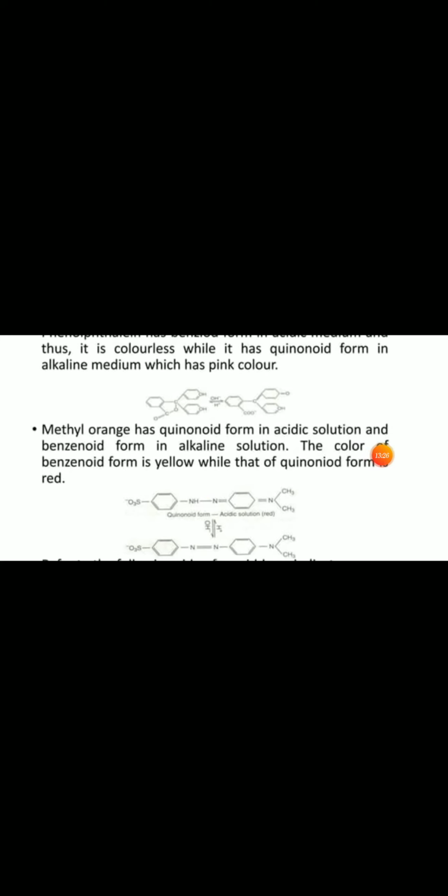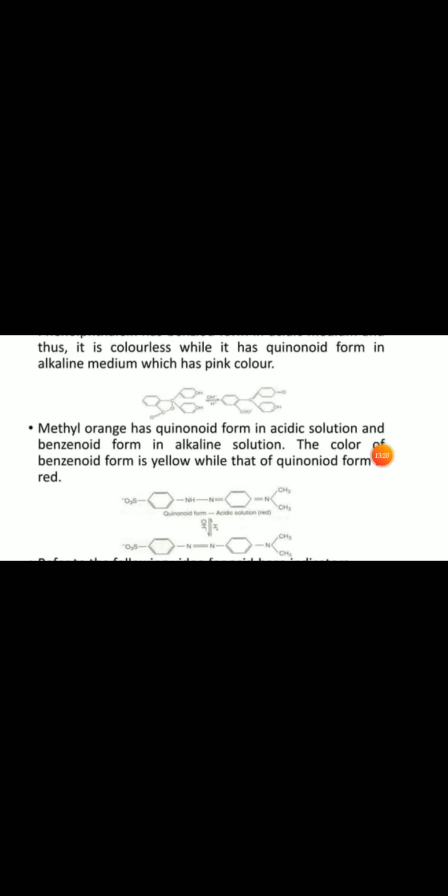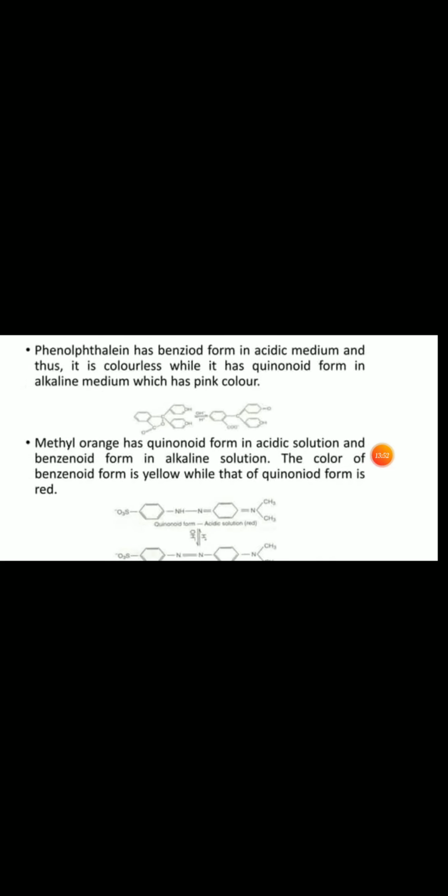These are the simplest examples, and reactions are given here as quinonide forms and benzonoid forms, and it will give the color changes when it reacts with the acid media or alkali media. It will be shown in a reaction as well. So we have to understand only the two theories, that is first of all the Oswald theory and quinonide theory.